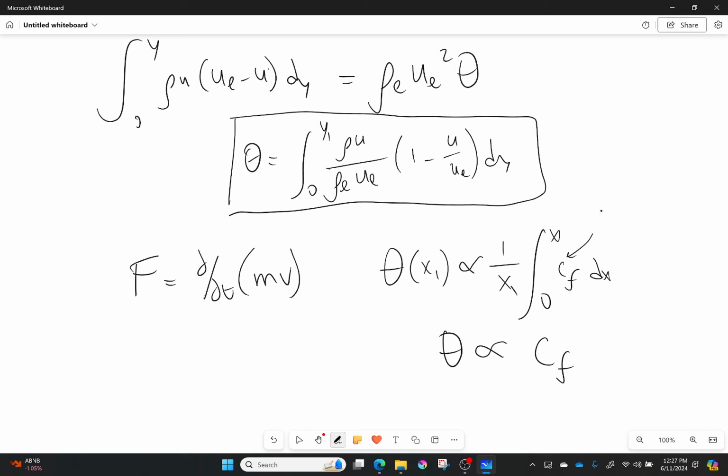That is lowercase. And this one right here is the uppercase because it's all been integrated.